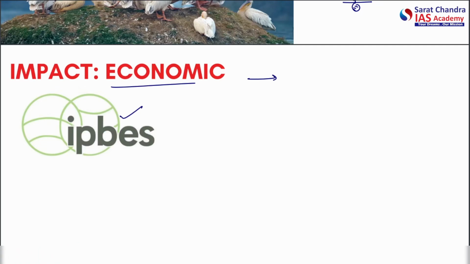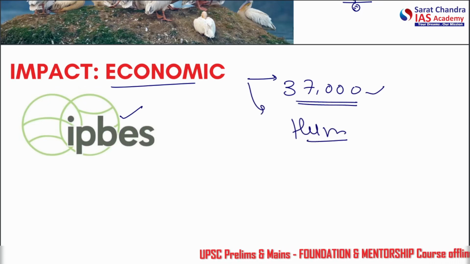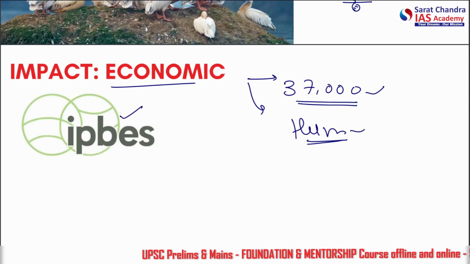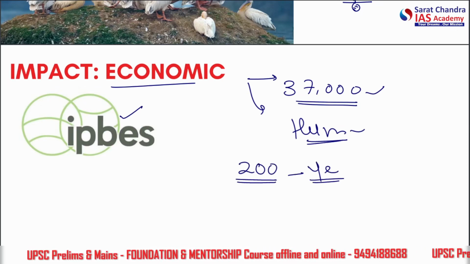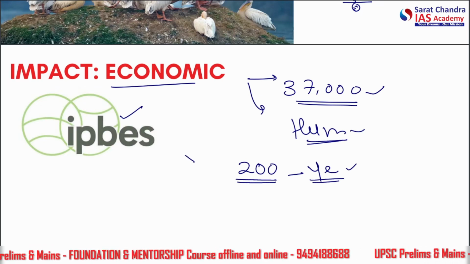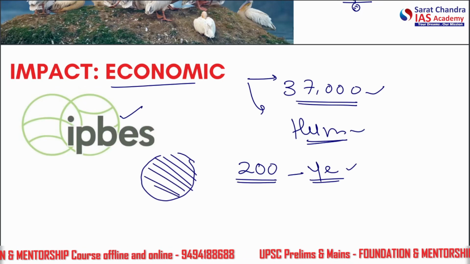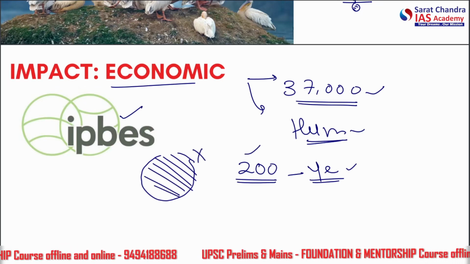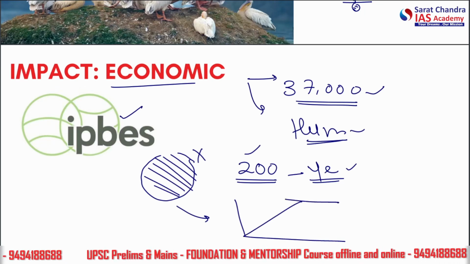The report showed that around 37,000 established alien species were introduced worldwide by humans, with roughly 200 new alien species introduced every year. That means they are introduced in ecosystems where they are not native, where they do not belong. And in the absence of predators, they just demolish the ecosystem completely.